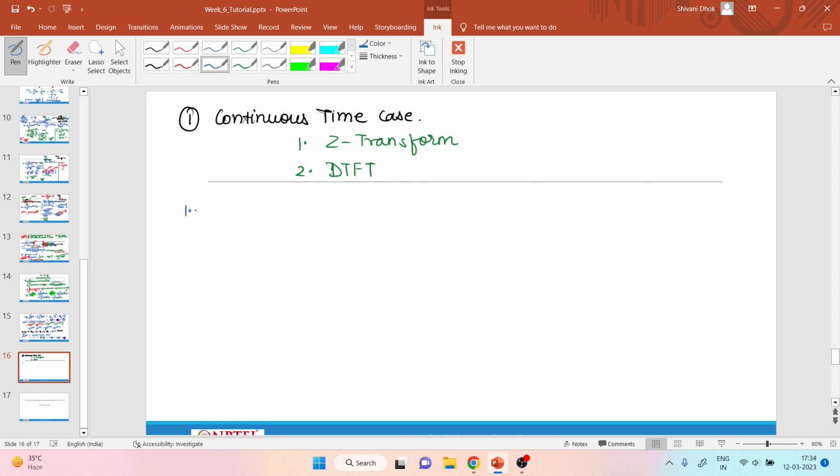So if I consider this Z transform, X of z is given as summation n running from minus infinity to infinity x of n z to the power minus n, and this DTFT is given as X of omega is equal to summation n running from minus infinity to infinity x of n into e power minus j omega n, right?